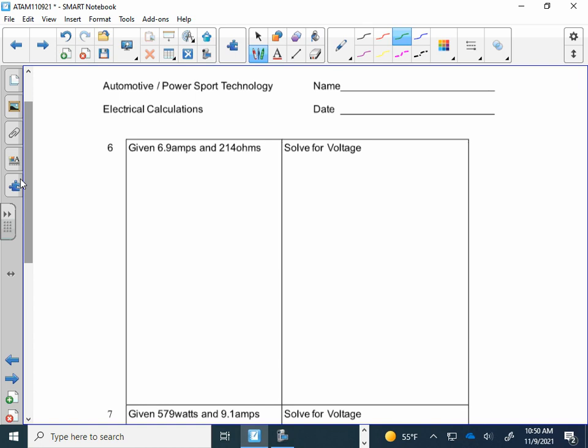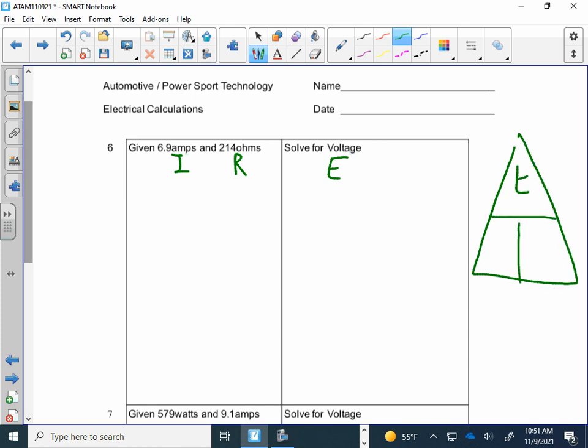So the first thing I would do is go through and assign the variables. 6.9 amps, you're going to use an I for amps. 214 ohms, you're going to use an R for ohms. And volts, you're going to use an E. So do you have a triangle that has I, R, and E in it? Yes. Okay, that's your first triangle, EIR.